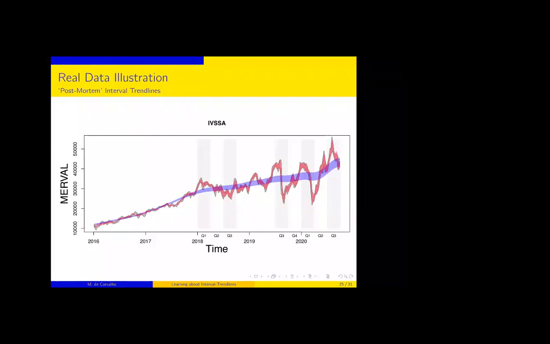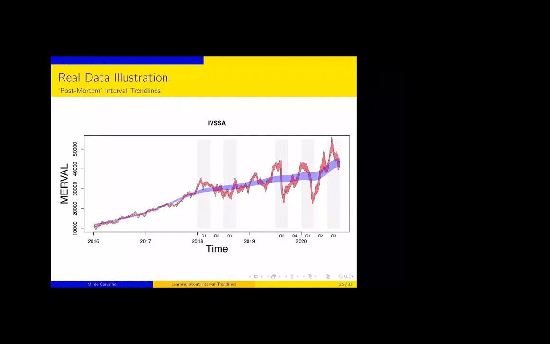Think of these as the same version, interval-valued time series singular spectrum analysis, but with the smoothing parameters changing. The red line uses the periodogram-based approach that I mentioned earlier. We've also discussed in the paper another way to smooth, based on the Hausdorff distance, which is a standard distance between sets, and that is displayed in blue.